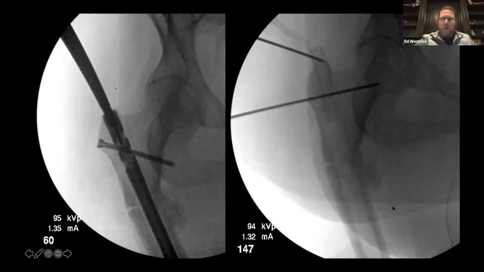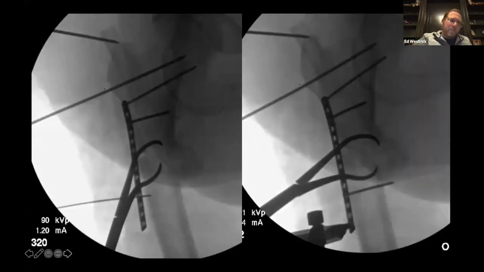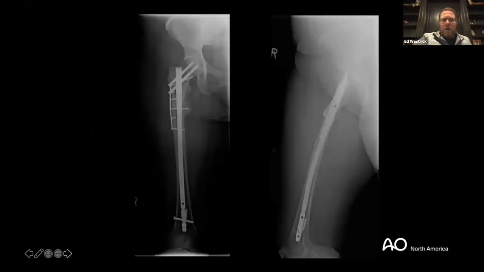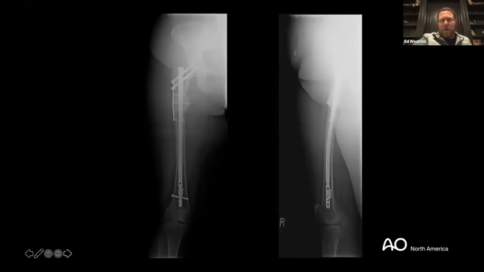There's more metal there than if you were using the lag screw. And so, back to if this were an inner troch and you're using this nail, I would expect that to cut out and fail. That would not be ideal. On the flip side, for this subtroch pattern, I would not expect this to cut out. I would not expect it to fail.